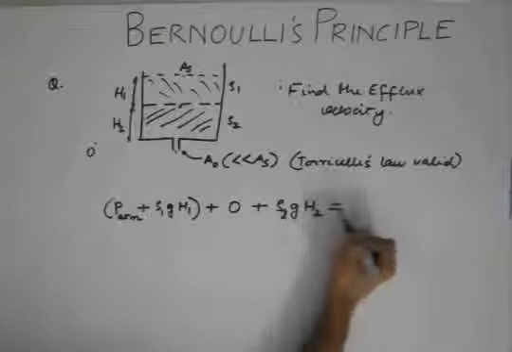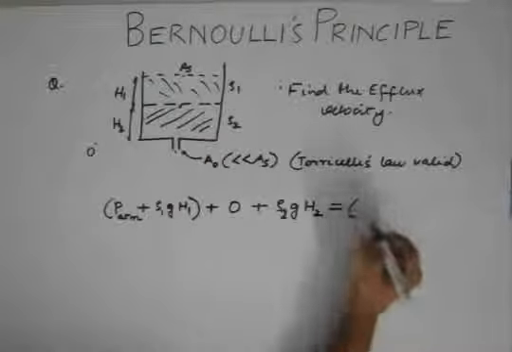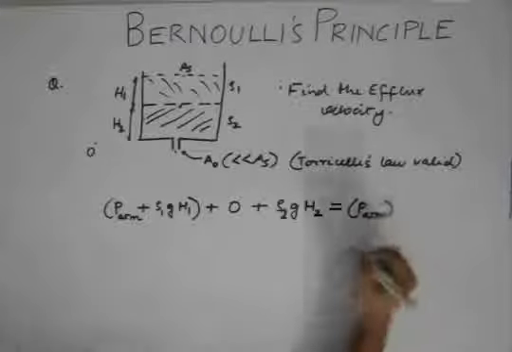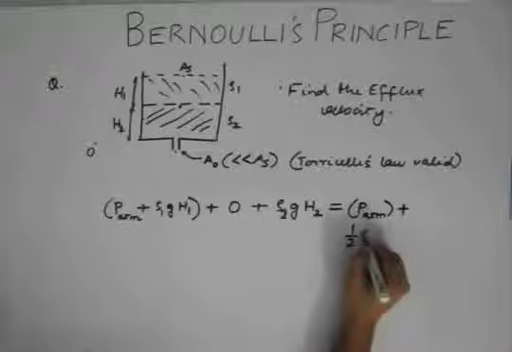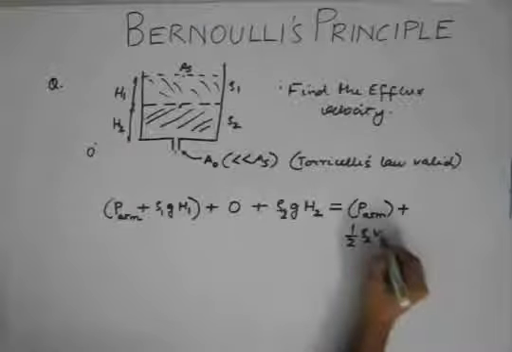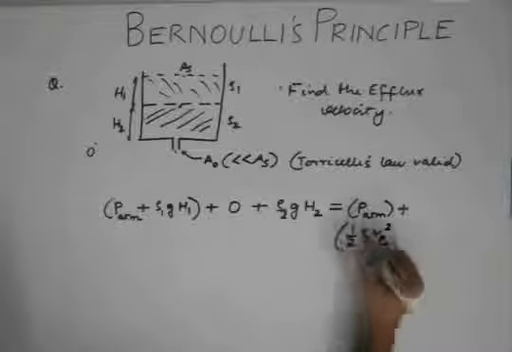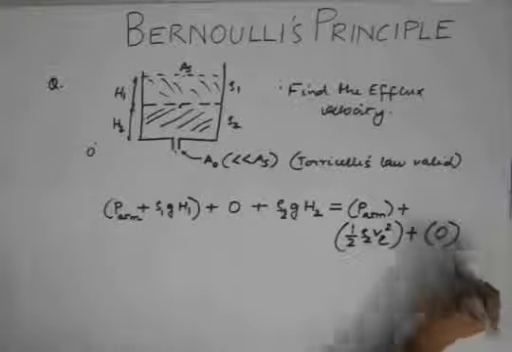This has to be equal to these quantities at this point. So the pressure energy will be PATM only, plus half rho 2 VE square. We have to find the efflux velocity. This is the kinetic energy term, and the potential energy will be 0.